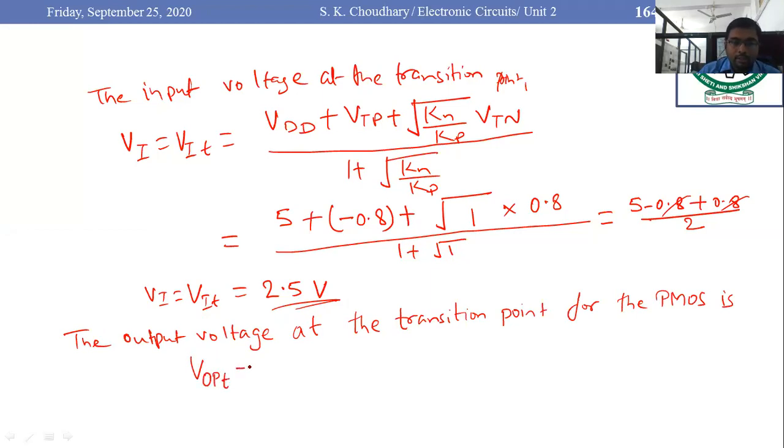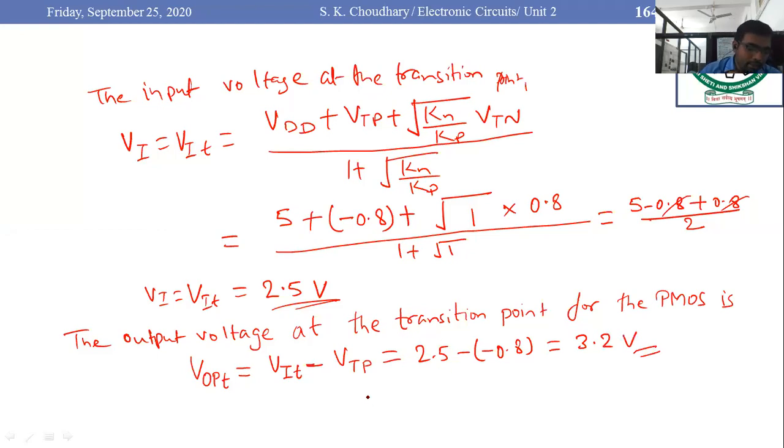VOPT is equal to VIT, the input voltage, minus VTP. So what would this be? 2.5 minus 0.8, it would be 3.2 volt. This was the second critical voltage.